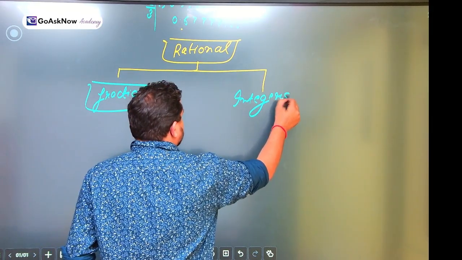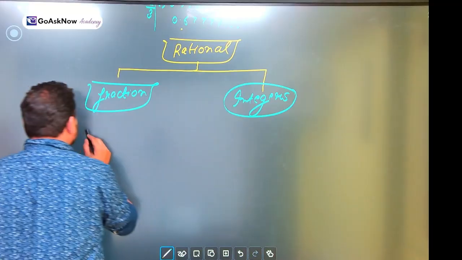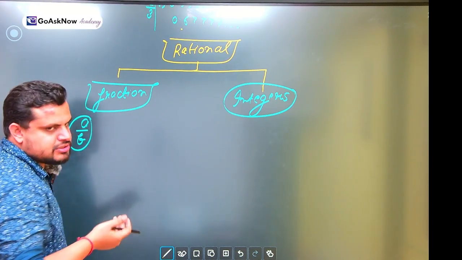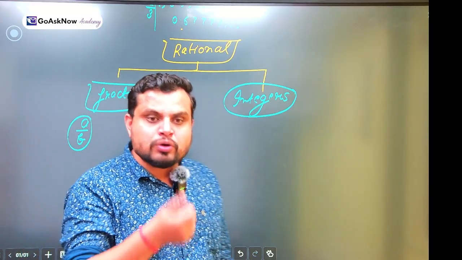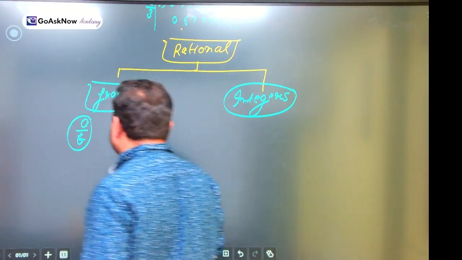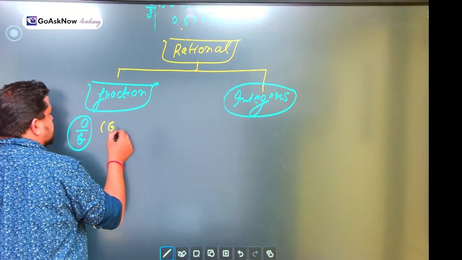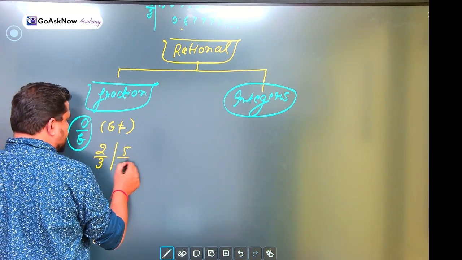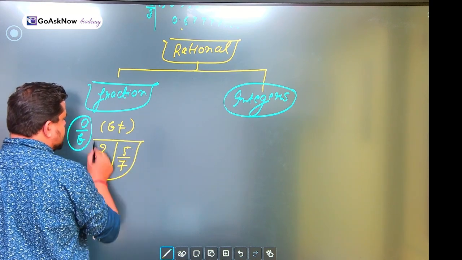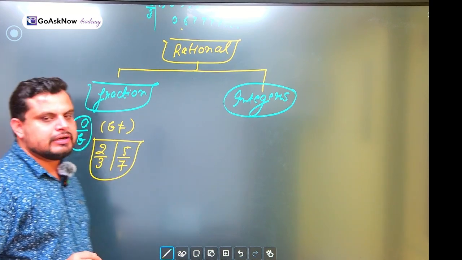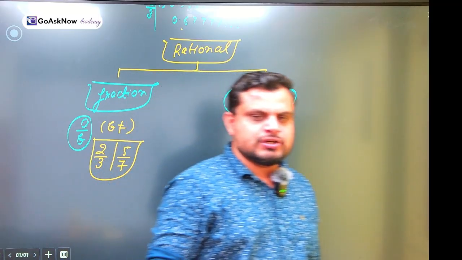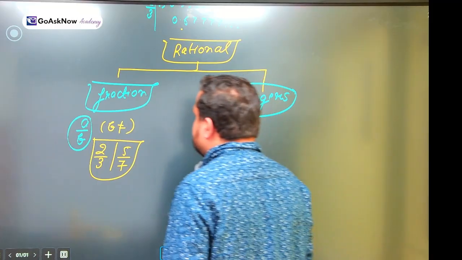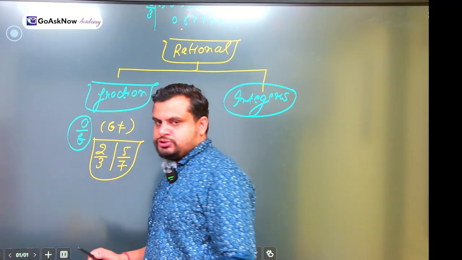So what are fractions? Rational numbers are of the a by b form. In fractions, b is not equal to 1 in the simplest form. Suppose 2 by 3, 5 by 7. These numbers are fractions, in which, if they are written as a by b in their simplest form, then the denominator is not equal to 1.